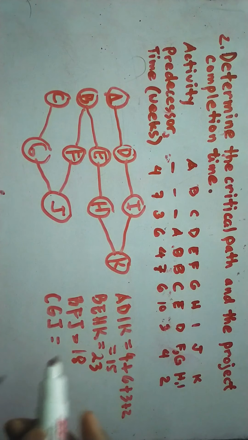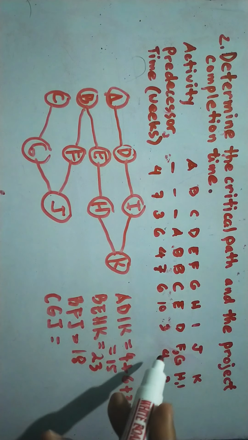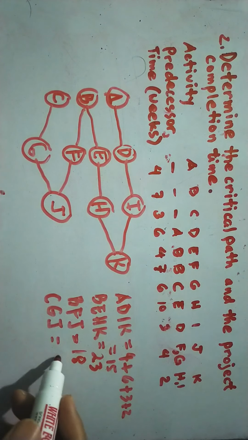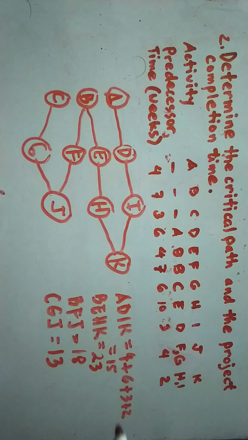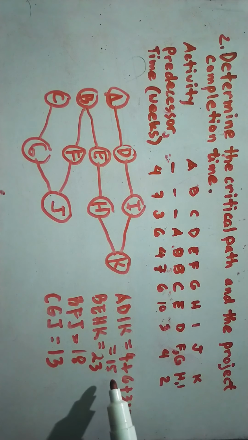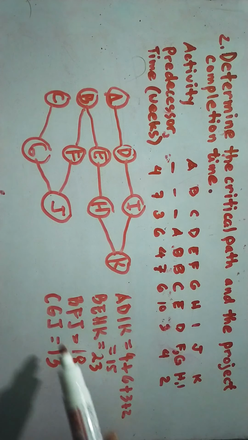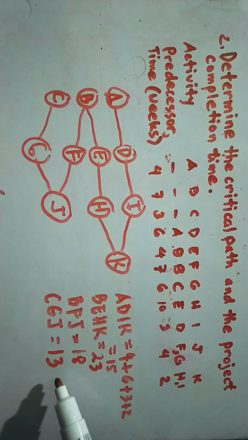So if you compare the paths, from ADIK you have here 15 weeks, and then BEHK we have 23, and then BFJ equals 18, and then CGJ is 13.